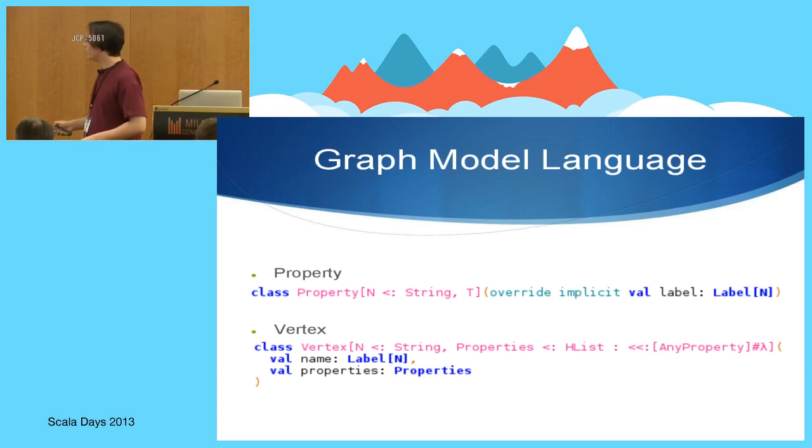So here we define properties as a subtype of HList. And here this kind of crazy syntax comes from shapeless and is actually a type class which witnesses that all the entities of the HList are a subtype of this one, which basically means any property is just a type alias for Property[String, Any].